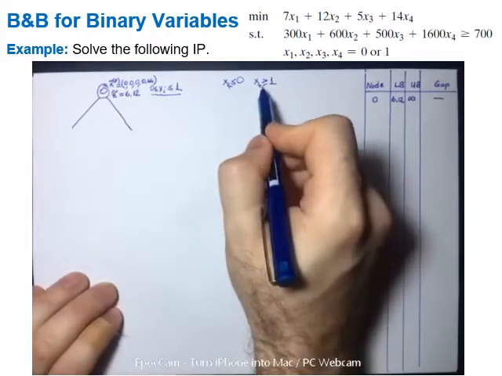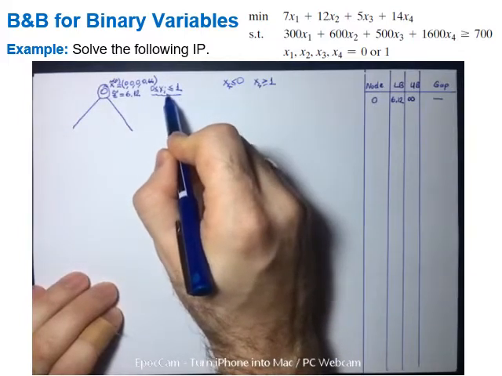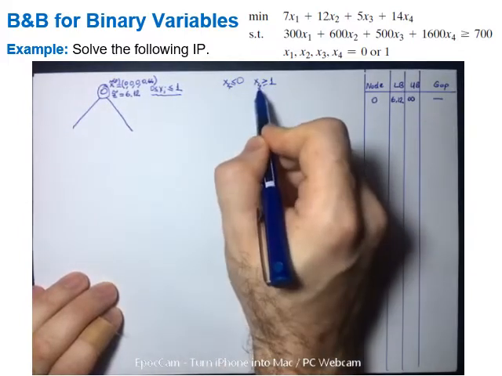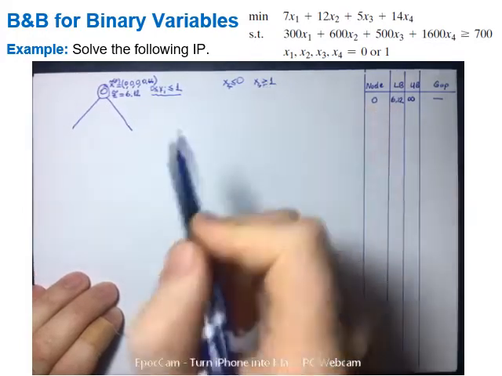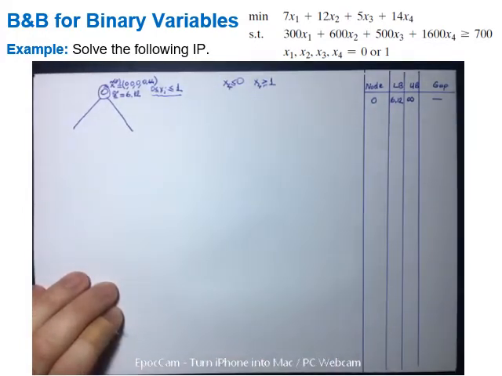And similarly, since from here x4 is less than or equal to 1, if I add a constraint saying that x4 is greater than or equal to 1, in fact I am saying that x4 must be equal to 1. So this is the basic difference between the branch and bound algorithm for binary variables and for general integer variables.